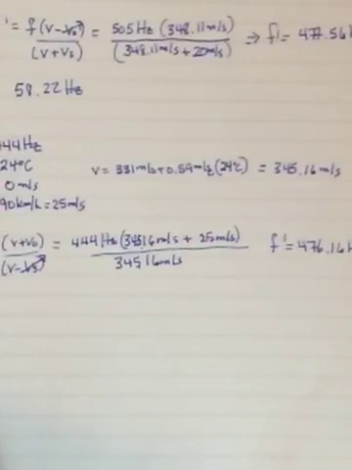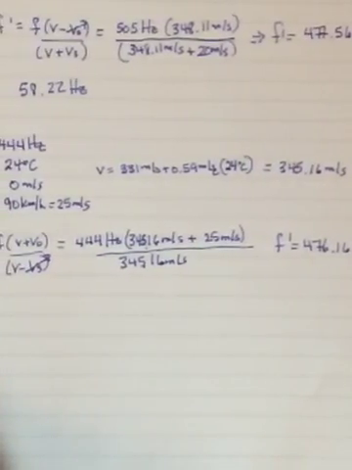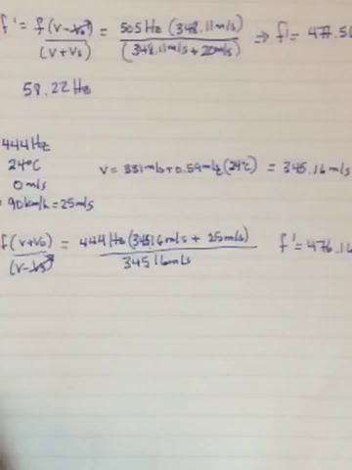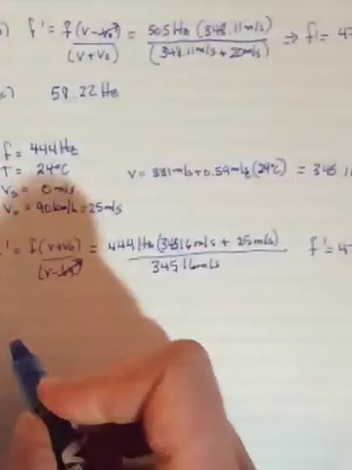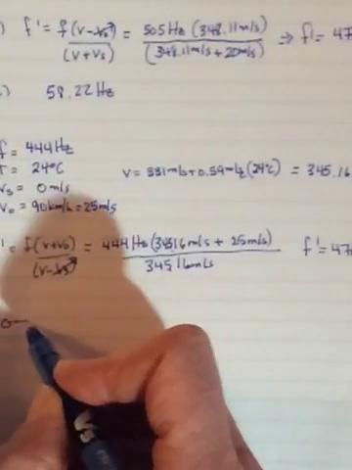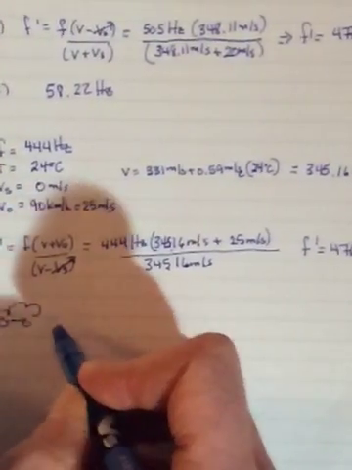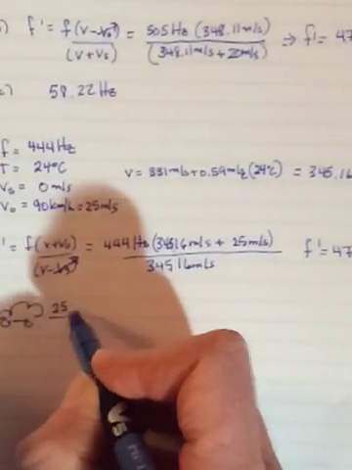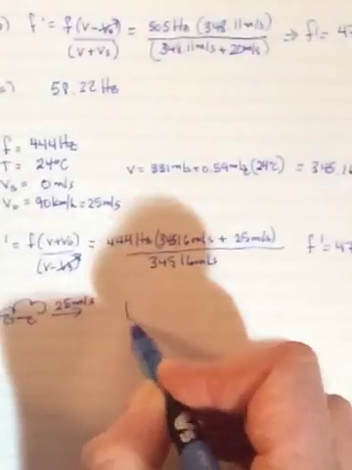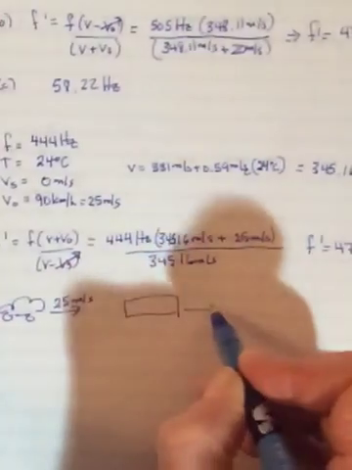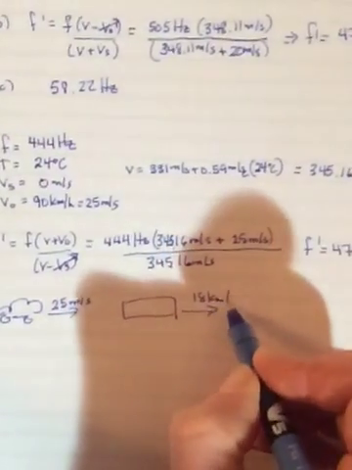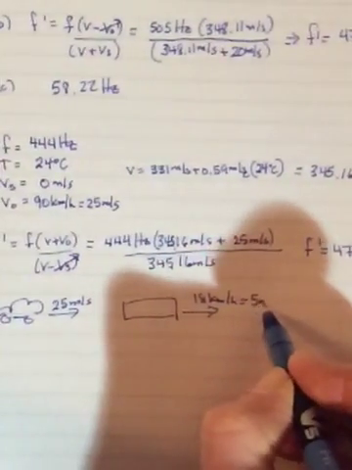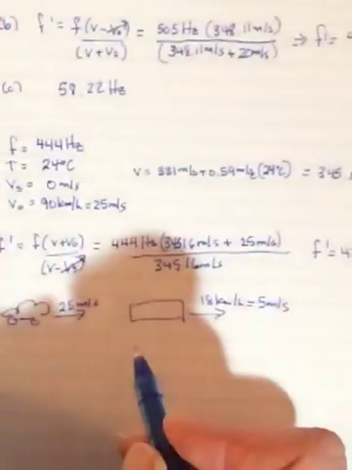Part B says the train now leaves the station and heads directly away from the motorists at a speed of 18 kilometers per hour. So now the car is approaching the train going 25 meters per second, but the train is going away from the car going 18 kilometers per hour, which if you switch to meters per second is 5 meters per second.